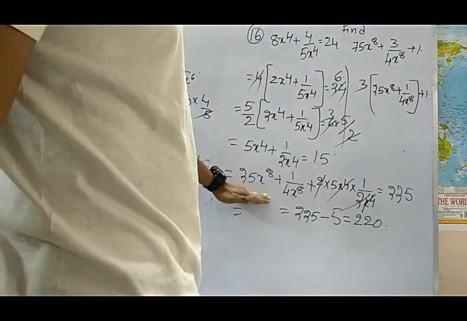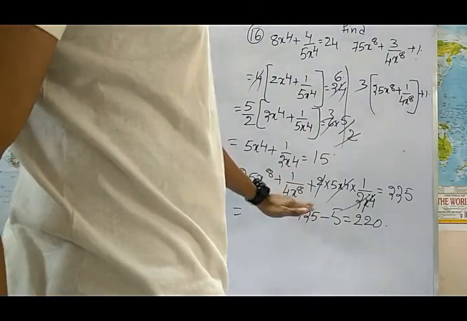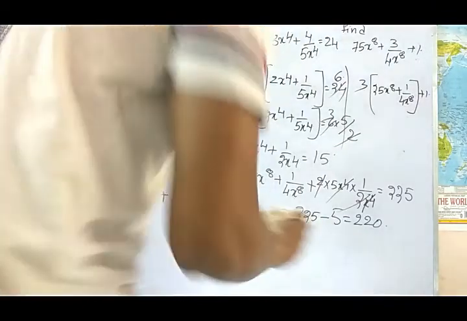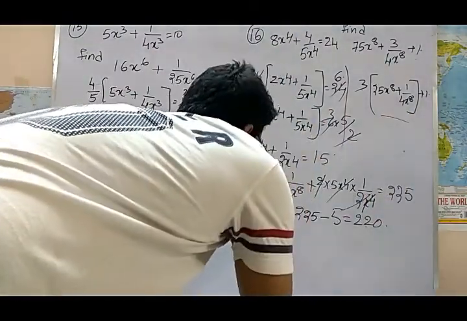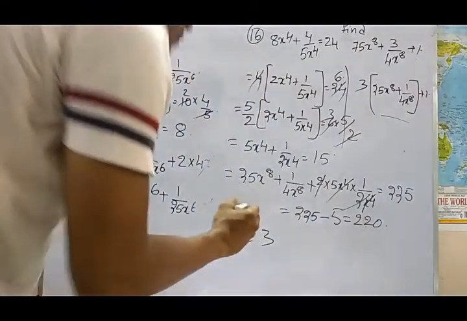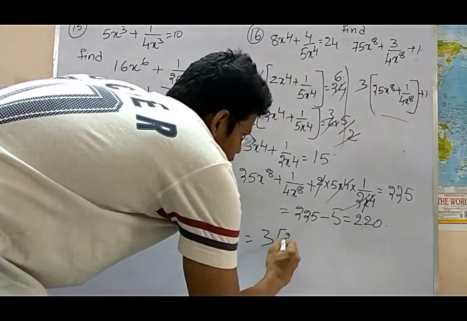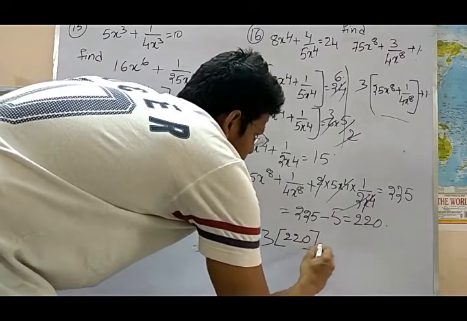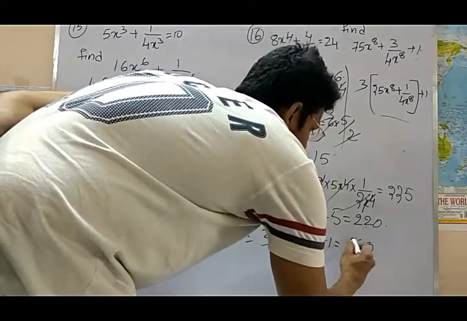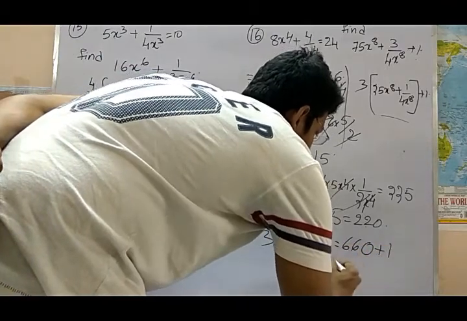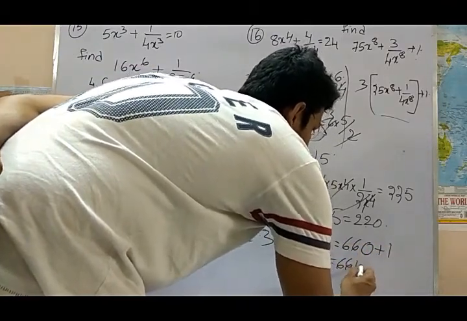This is 25x power 8 plus 1 by 4x power 8. So for the final answer, just put this 220 in this question. 3 into 220 plus 1. What is 6 plus 1? So 661.